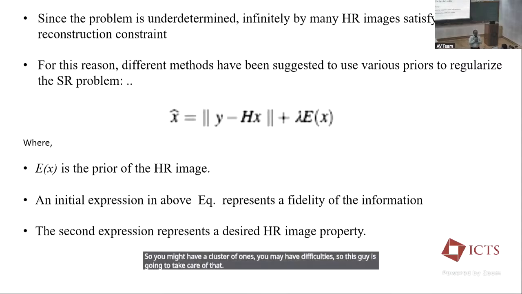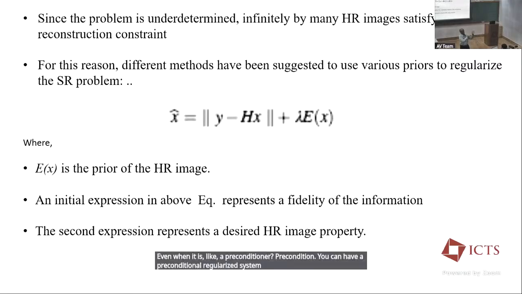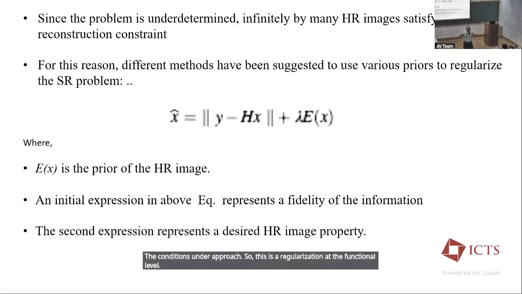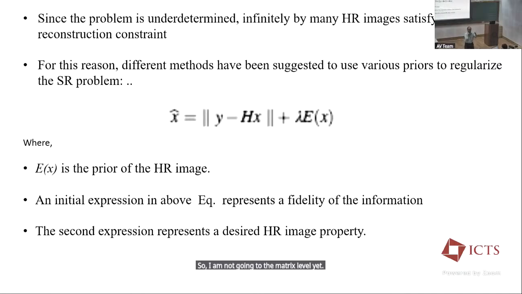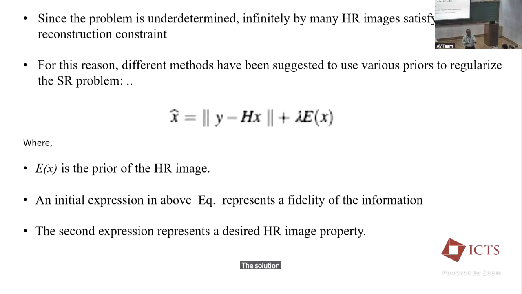Even if it is like a preconditioner? You can have a preconditioned regularized system. Preconditioning is another approach. So this is a regularization at the functional level. I am not going to the matrix level yet. At the matrix level, if you have acceleration, to accelerate the solution process, you use a preconditioner. So you are even at an elementary level here.